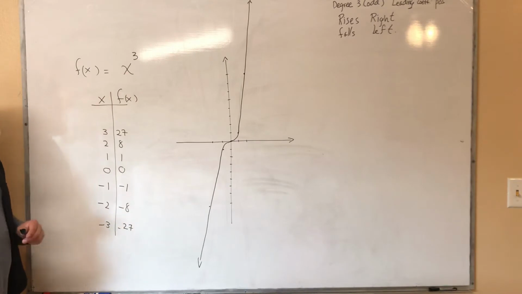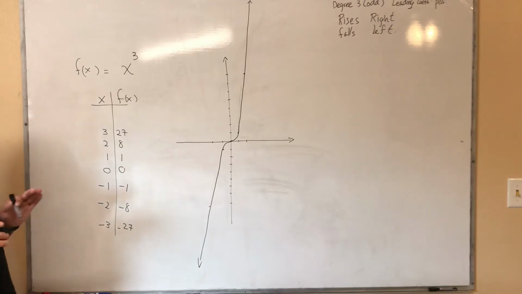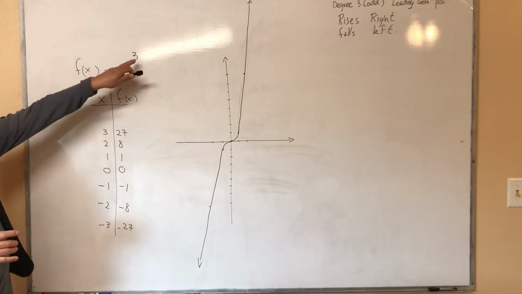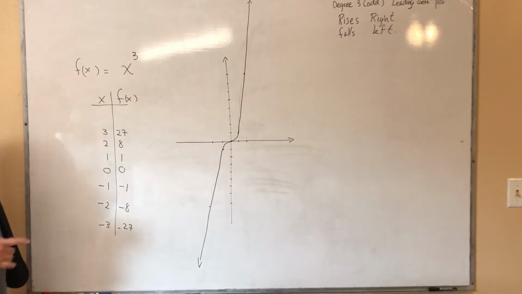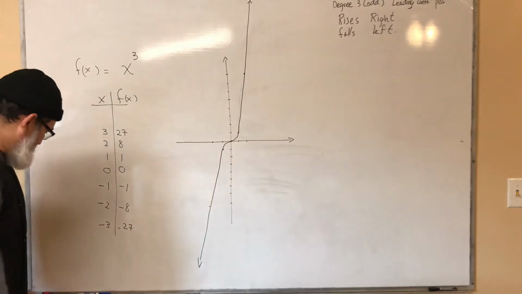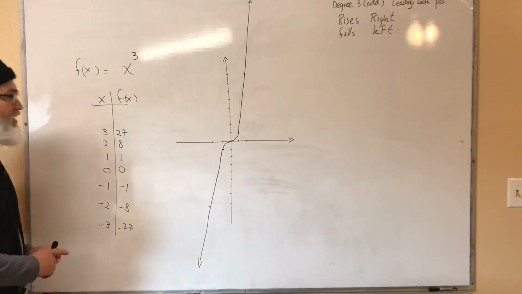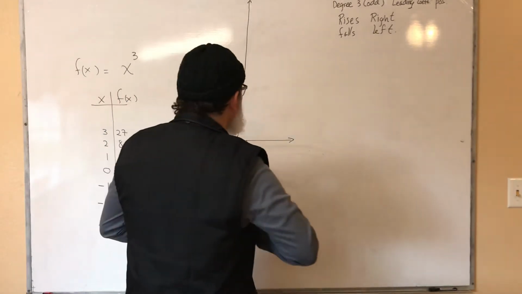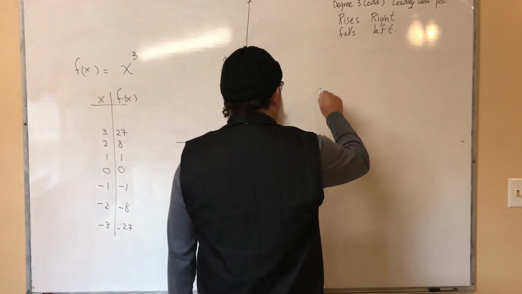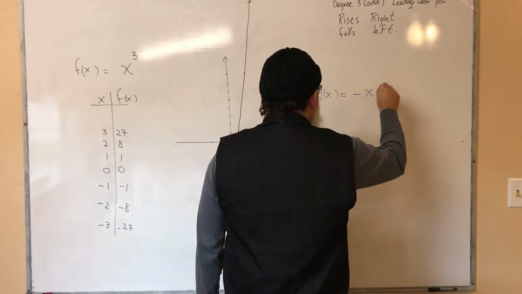So don't forget this. Listen, guys. The moment I put a negative in front, if I want to graph another function with a negative in front, the leading coefficient negative and the degree odd, the behavior is going to change. We can do that. Watch this. How about if I want to graph g of x equals negative x to the third?